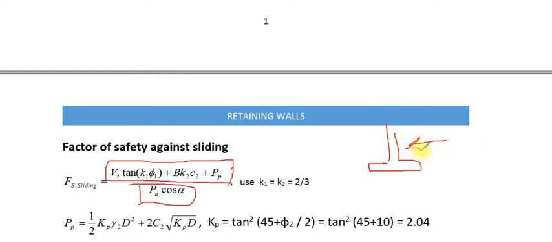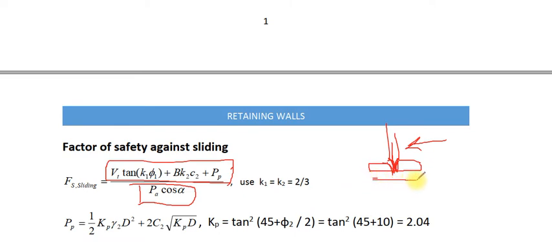if there is a force trying to slide the retaining wall here, for example, and this retaining wall has a weight, this weight can be represented by a perpendicular or vertical force. Multiply the vertical force or normal force by the friction, for example here tan phi, the angle of internal friction.